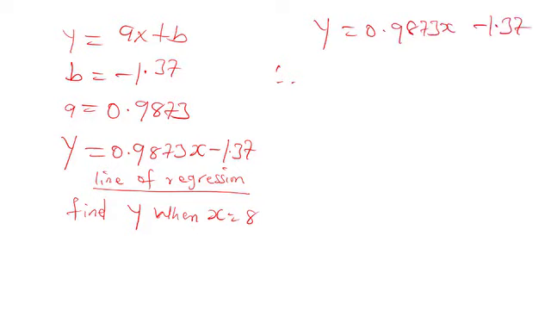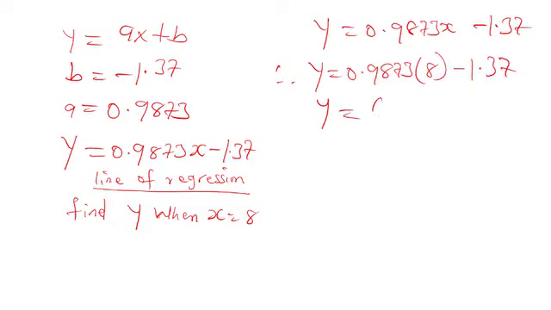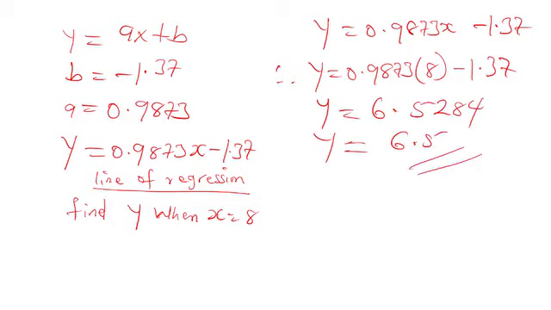Now when x is equal to 8, y is equal to 0.9873, you now put 8 in place of x, minus 1.37. So if you do this, your value will now be 6.5284. So you can approximate our y as 6.5. Have you seen it?